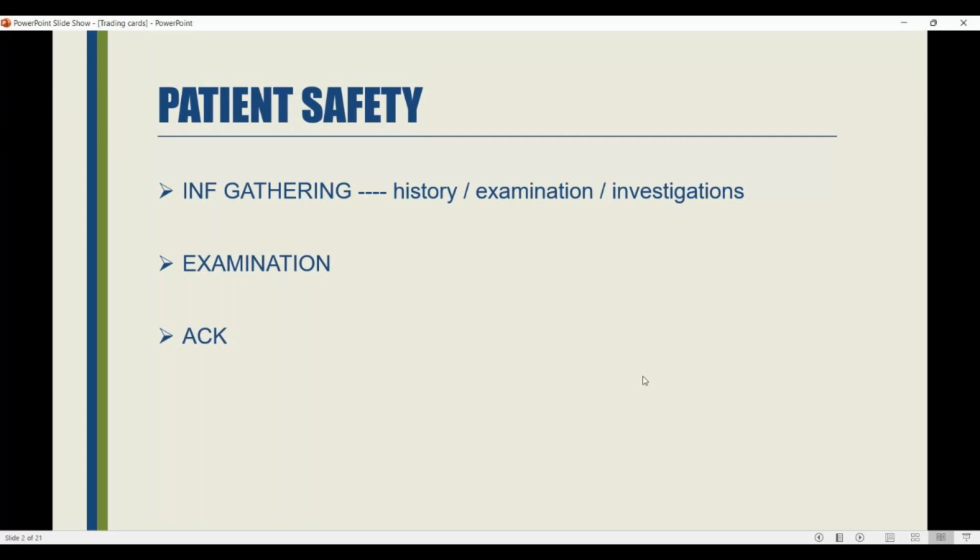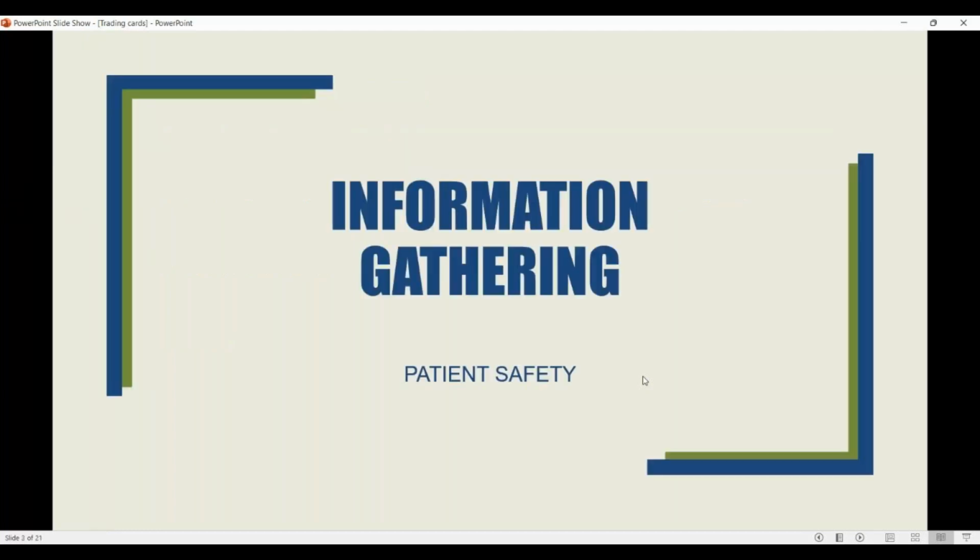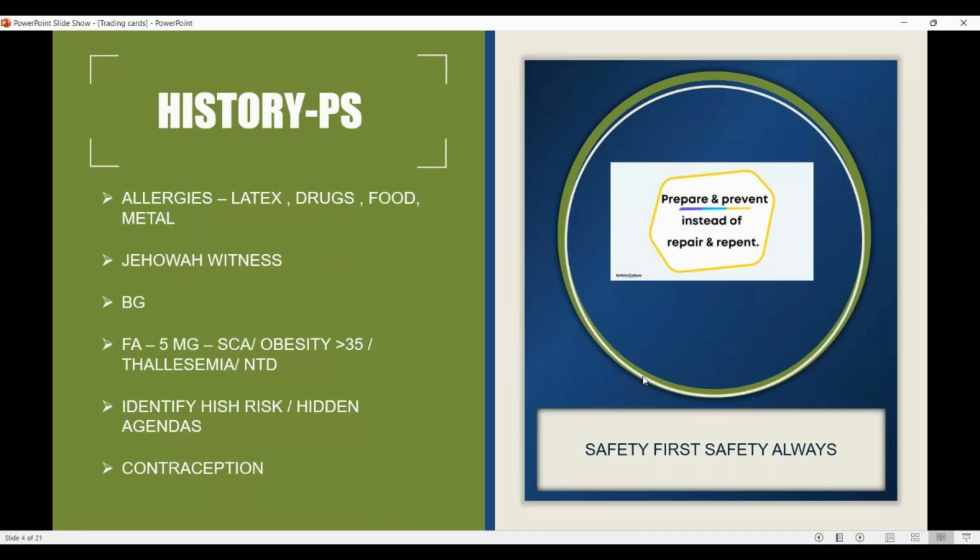So in information gathering, we take a targeted history depending upon the station, then examination and investigation. What points do we have to include in that? Allergies.